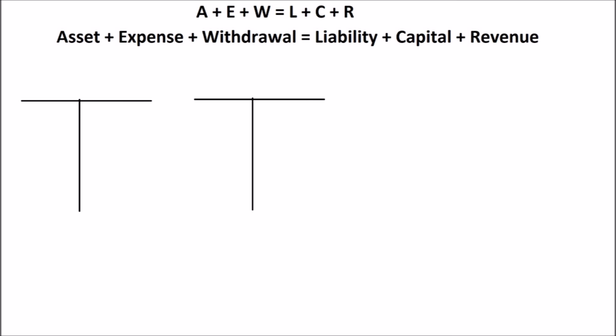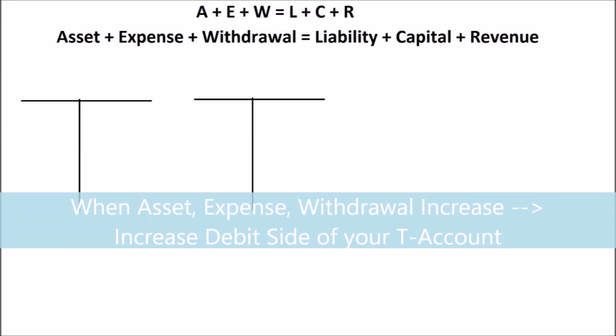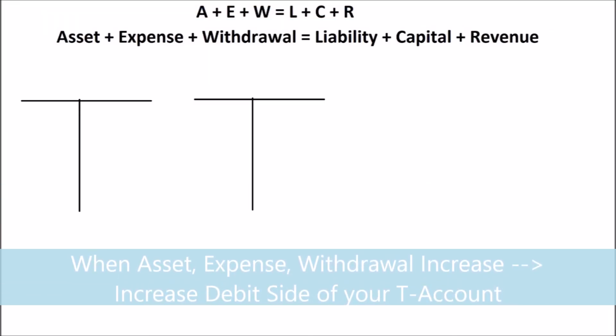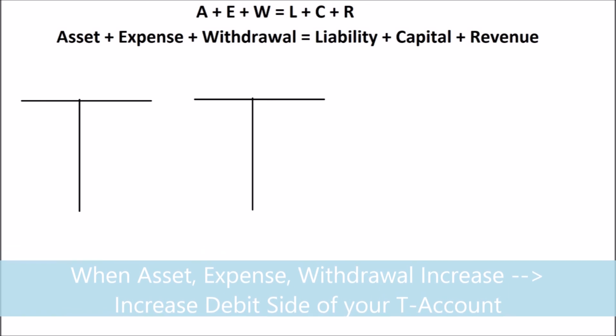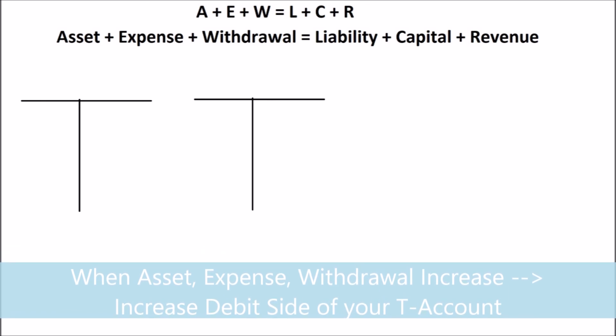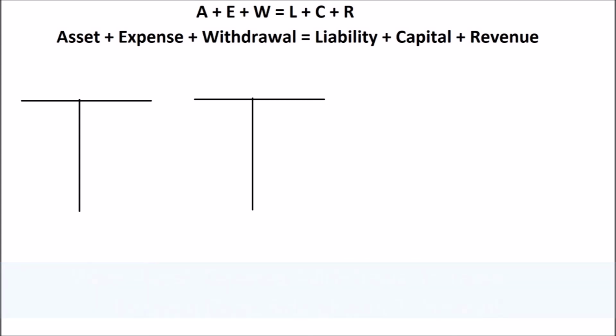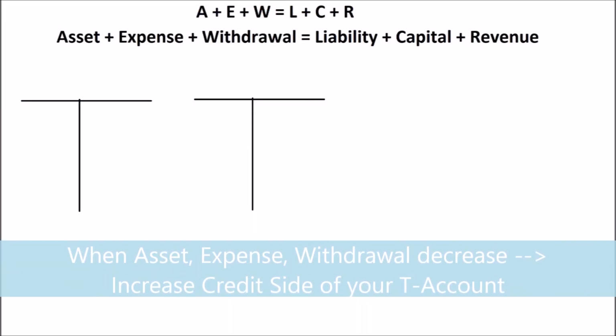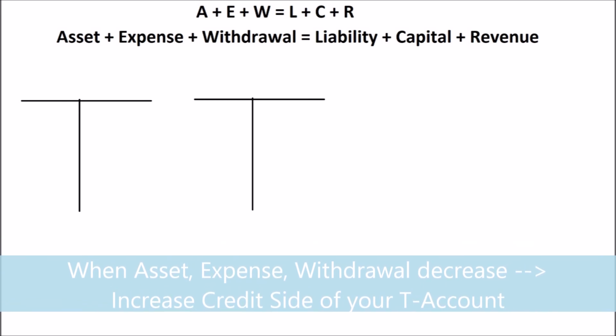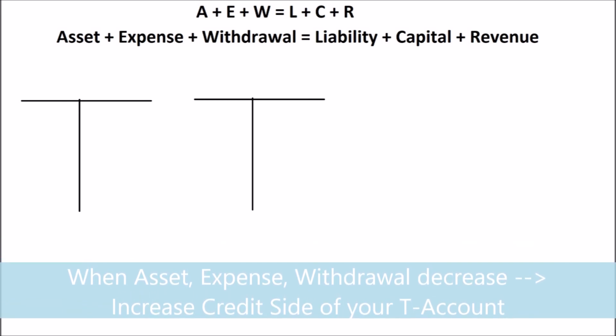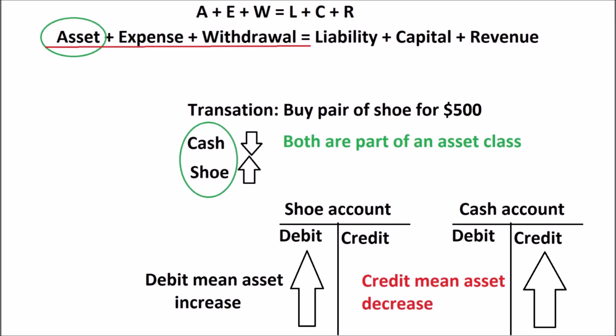To summarize, guys, for the left side that has your asset, expense and withdrawal, whenever the balance of these three accounts goes up, you have to debit them on your T account, and whenever the asset, expense or withdrawal amount goes down, you have to increase the credit side of it.